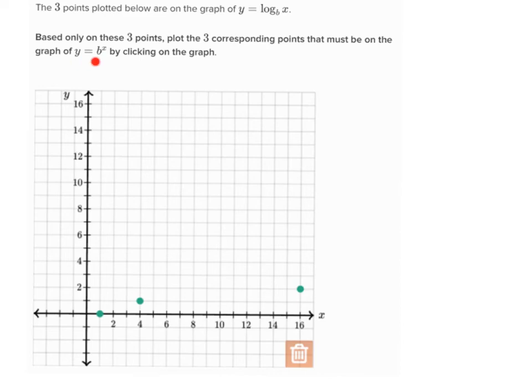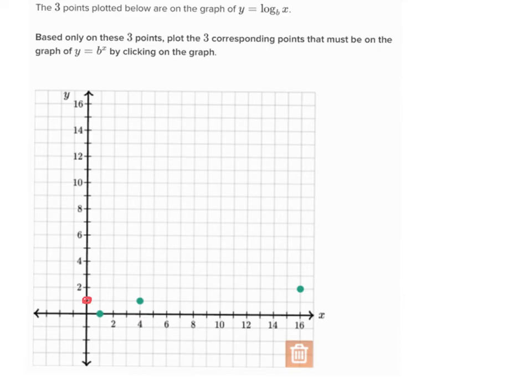And now they want you to understand the input-output inverse relationship when graphing. So you've got y equals b to the x power, which is the inverse of y equals log base b of x. This is the inverse of this. And so you can see right here, this is the point 1, 0. Well, the inverse of 1, 0 is going to be 0, 1 right there. And so right here I've got the point 4, 1. See, I went right 1, 2, 3, 4, and up 1.